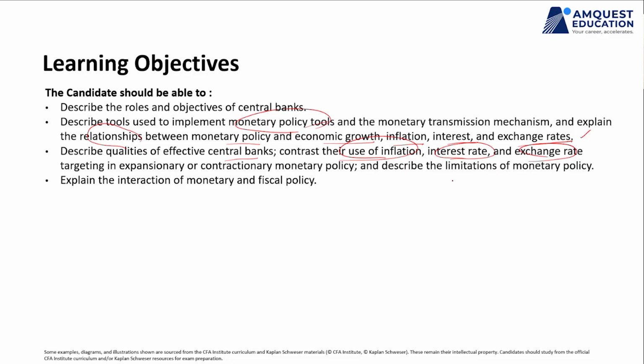Then we look at the limitations of monetary policy per se. And we finally conclude with the interrelationship between monetary policy and fiscal policy. You'll try to see the interplay between these two policies and how they impact one another.